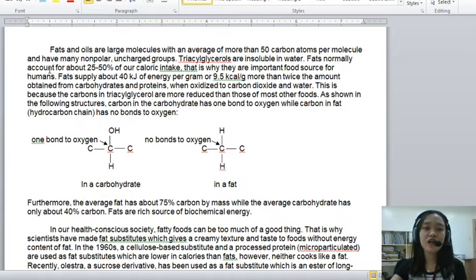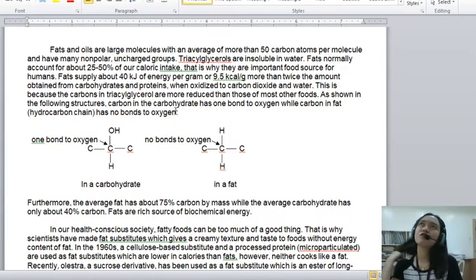Fats normally account for about 25 to 50% of our caloric intake. That is why they are an important food source for humans. So, yung fats actually, they are a very good source of energy para sa humans.